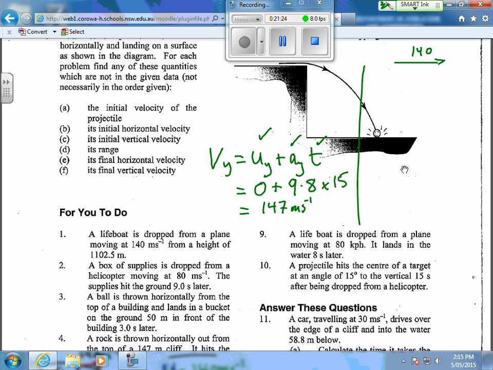And you've got a vertical velocity of 147 meters per second. And so your resultant is your final velocity. R, as was quite rightly put, was the square root of 140 squared plus 147 squared. That will give you the size, but it doesn't give you one other thing that you need.